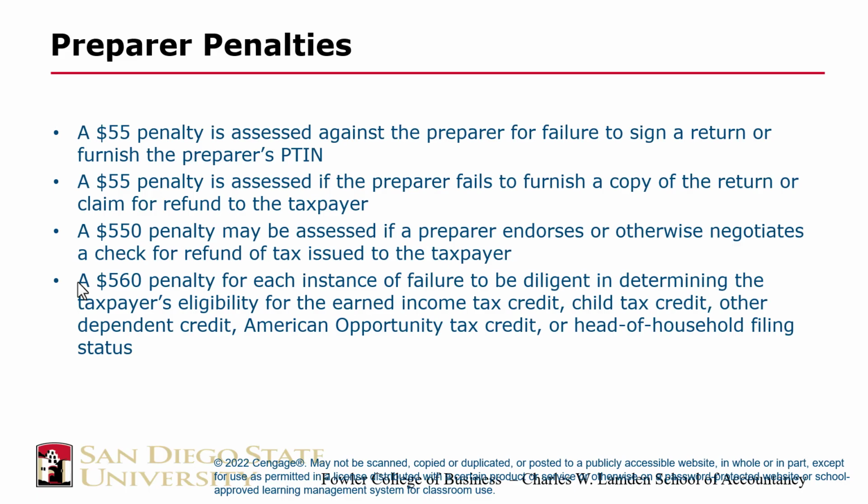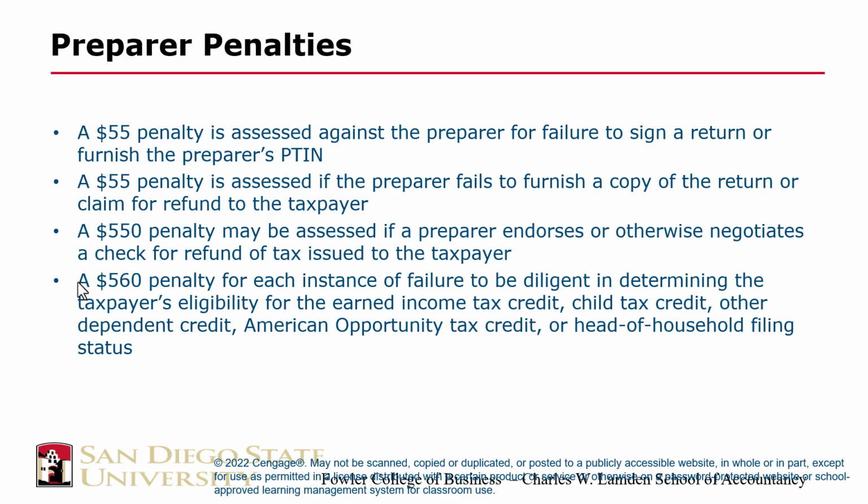There are a number of smaller penalties. I won't read those. Again, these are in the book. You can read through them for yourself. But these are what I would describe as minor penalties for things that have gone wrong. I do want to draw your attention to the last one. So when it comes to individual tax returns, there's a penalty for a failure to be diligent related to what largely we will realize later on in the course is refundable credits: earned income tax credit, child tax credit, other dependent credit, American Opportunities tax credit, or filing under head of household status.